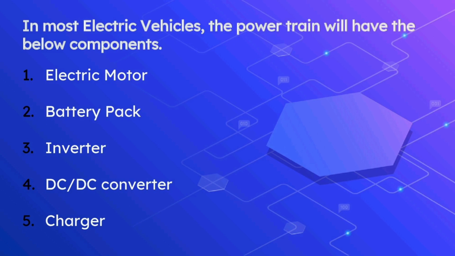As mentioned earlier, apart from the above mentioned components, the battery management system is also important. It is an electronic control unit that is responsible for monitoring the entire functioning of the battery. It monitors the cell voltage, temperature, provides thermal and overcharge protection, controls the battery charging, and so on.